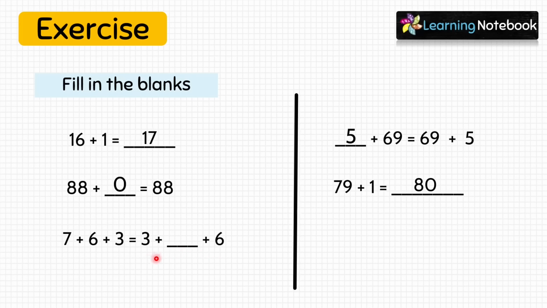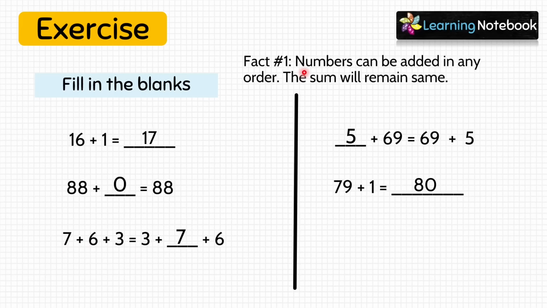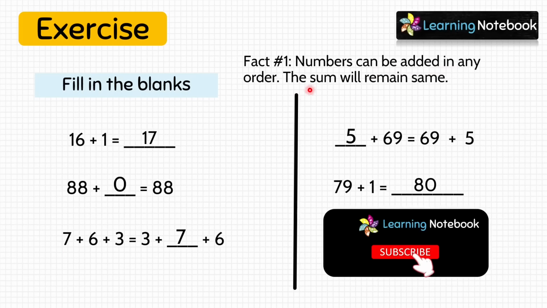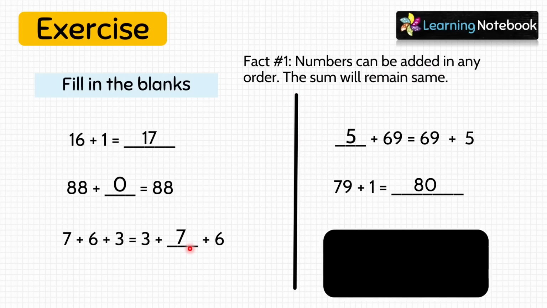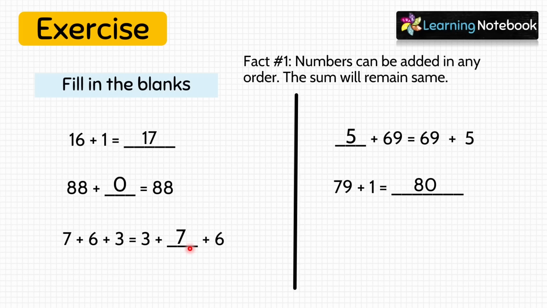So can you tell me the answer here? Yes, it is 7. Because numbers can be added in any order. Their sum remains the same. So now I'm sure, students, you have understood these addition facts and how to solve questions based on them.